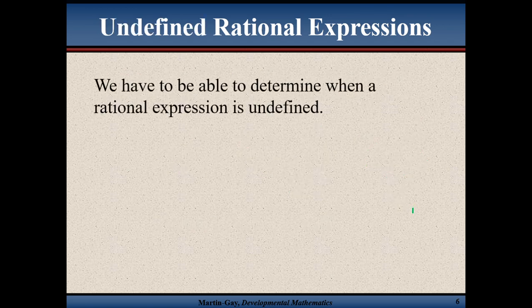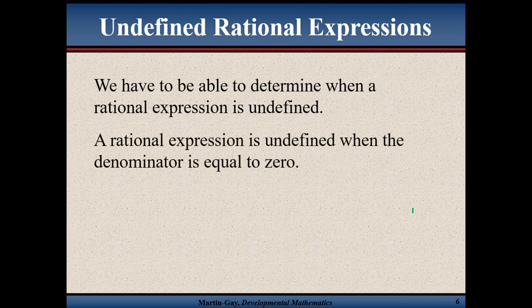So, for undefined rational expressions, we have to be able to determine when a rational expression is undefined. A rational expression is undefined when the denominator is equal to 0.